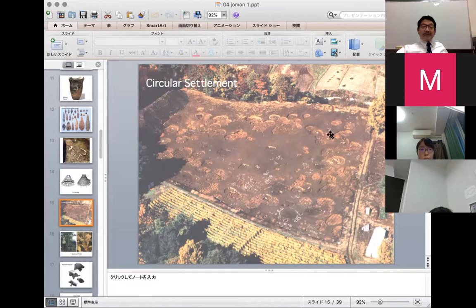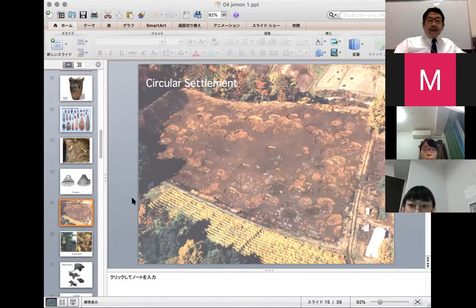So that's what you see now. But probably in this size of the villages, the houses would be 10 at the most. You know, it's not crowded villages that they could build. But anyway, they were forming this kind of villages.